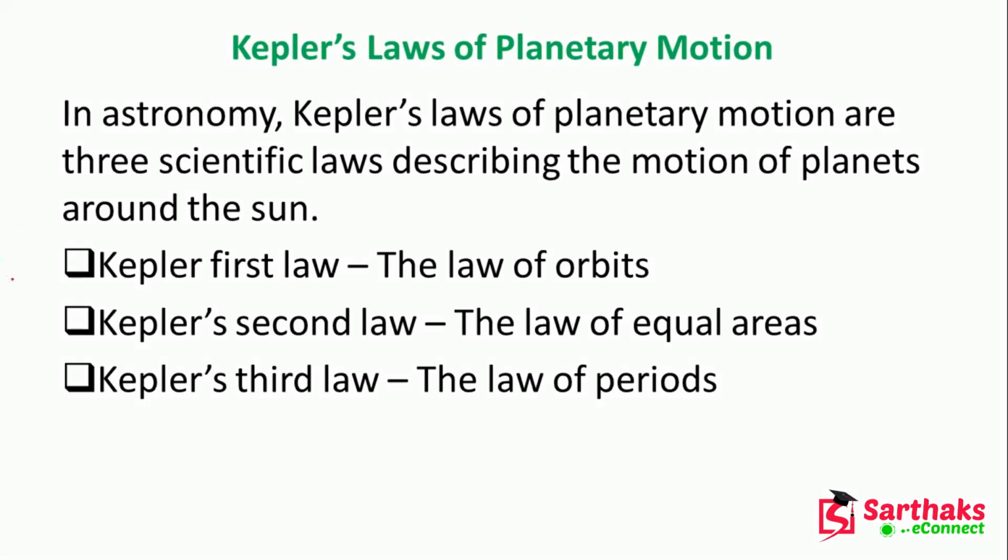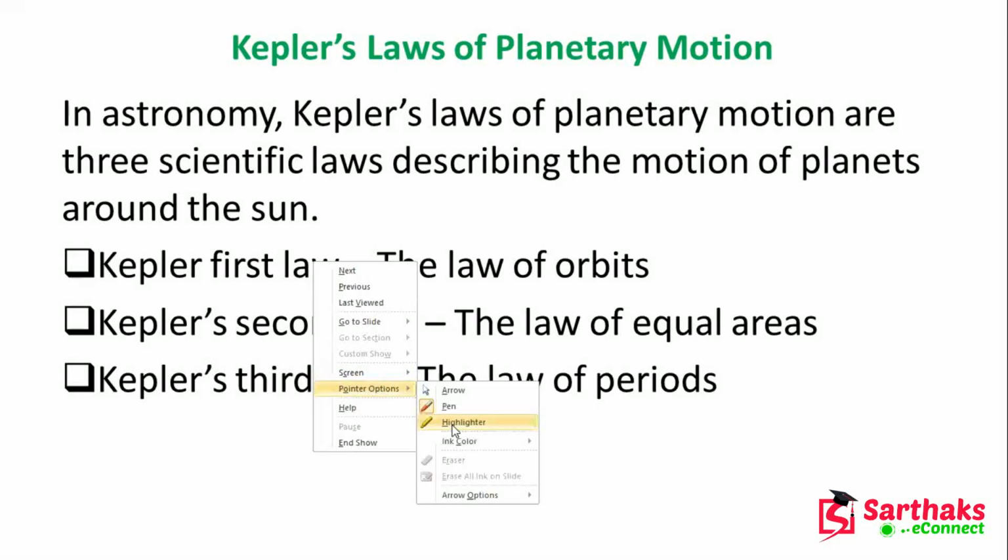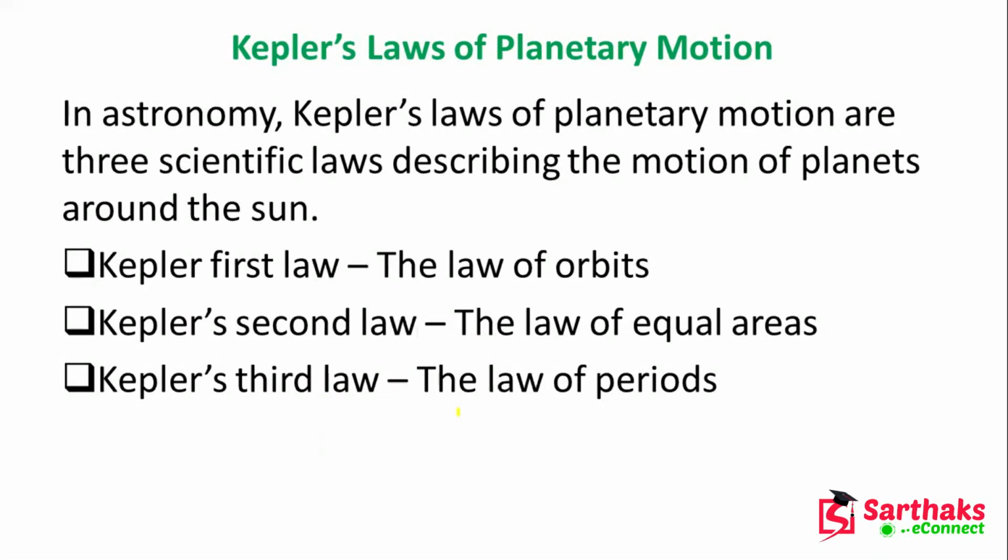So here, first is Kepler's first law. Just a minute, I am taking the highlighter. The first law is the law of orbits. We will describe elaborately what the law of orbits is.